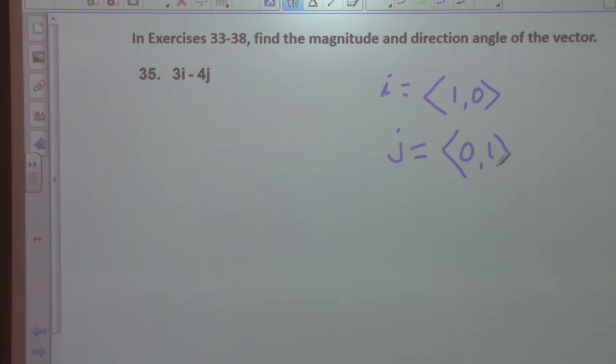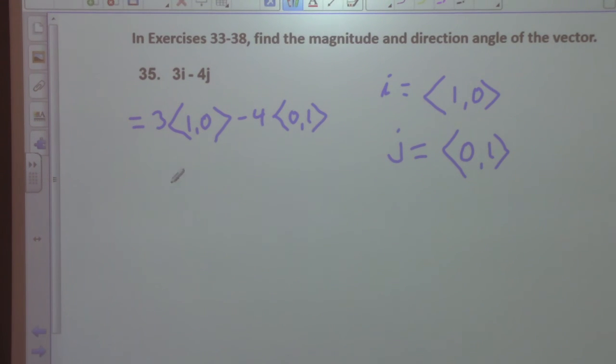So these are called standard unit vectors, i and j. And in 3 dimensions, you call them i, j, and k. But in 2 dimensions, you call them i and j. So here, for this first one, this is going to be equal to 3 times that standard unit vector 1, 0, and it's going to be minus 4 times this standard unit vector 0, 1.